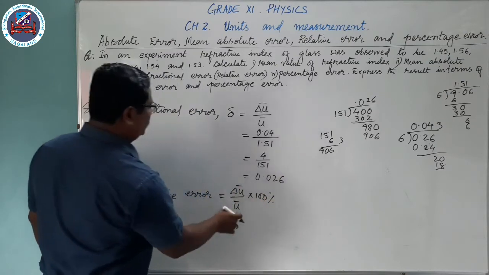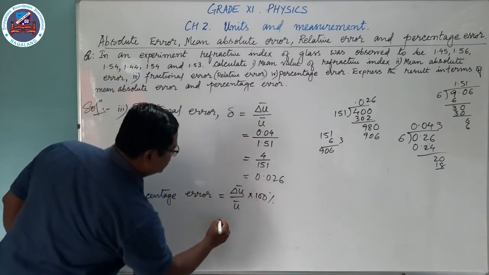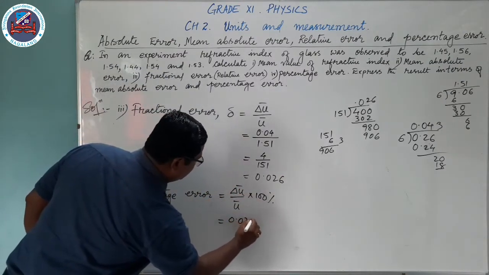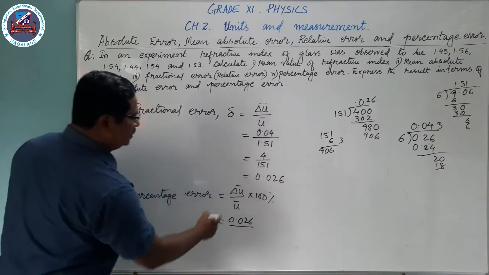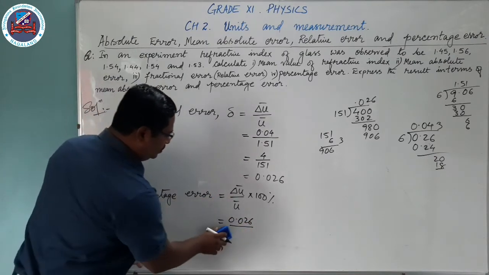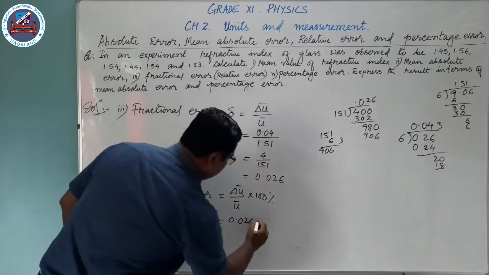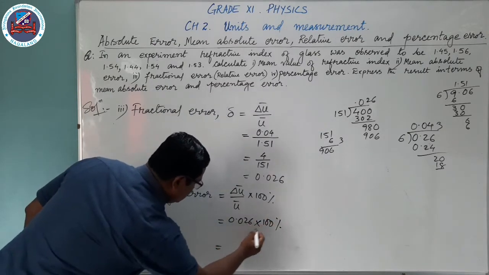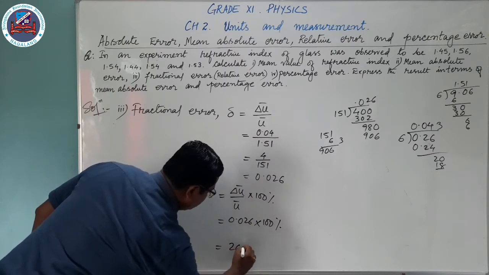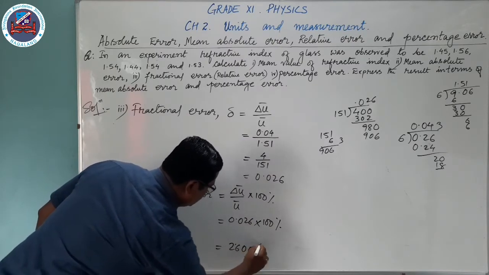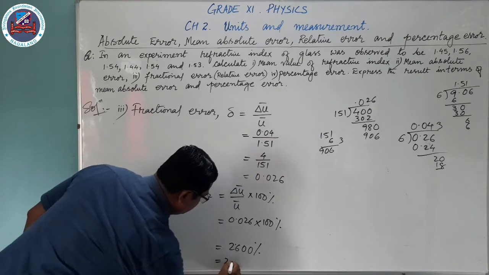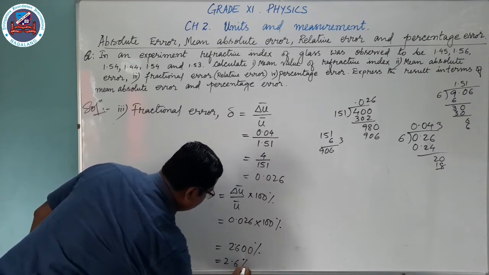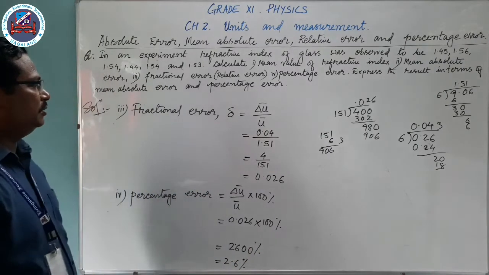This is the fractional error multiplied by 100%: 0.026 multiplied by 100%. After the decimal 3 digits, so ultimately you can write this as 2.6%. This is your percentage error.